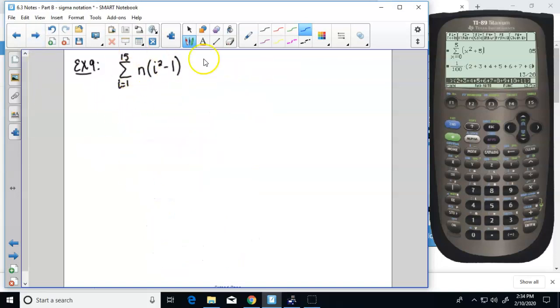Okay, so here is one where, especially if it's technically calculator inactive, it starts to become worth it not to use the long way. Because for this one, you're going from 1 to 15. So first off, you've got 15 terms you have to add together, and you've got to do i squared minus 1.